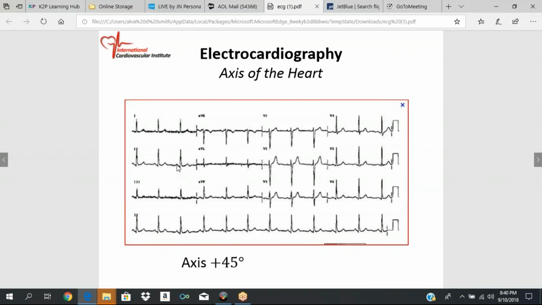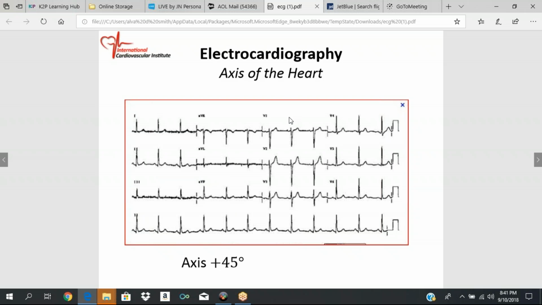So this P wave is upright, and each P wave has to be followed by QRS. So this is a sinus rhythm.